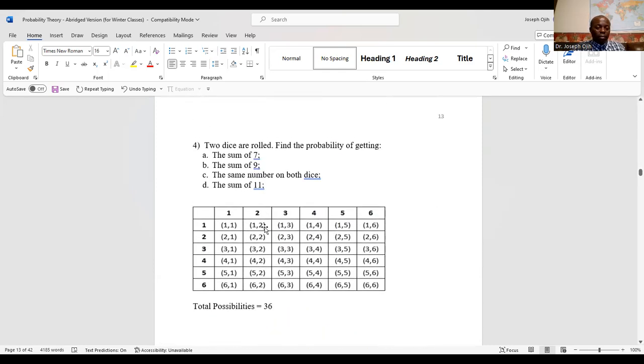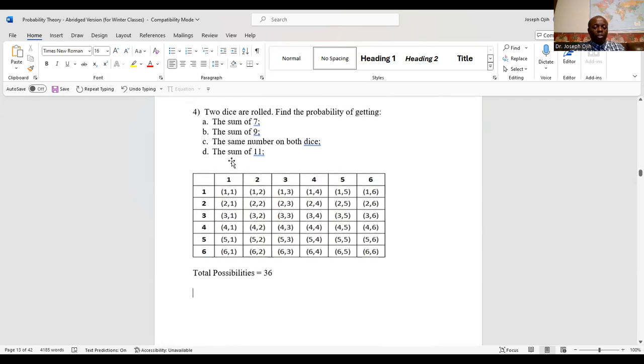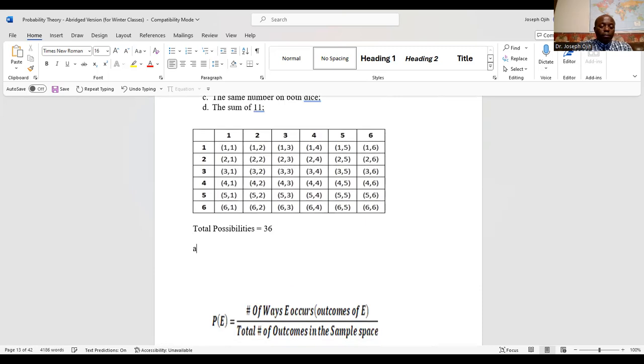Part A says, find the probability of getting a sum of 7. For a sum of 7, what are the outcomes? Look at these outcomes here. 6 plus 1 is 7. 5 plus 2 gives us 7. 4 plus 3 will give us 7. 3 plus 4 gives us 7. 2 plus 5 is 7.